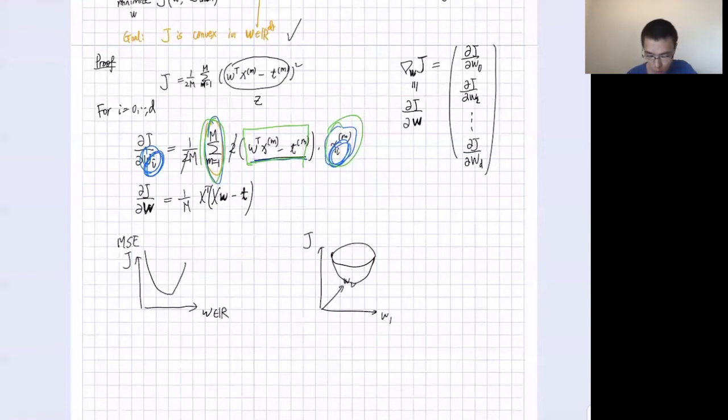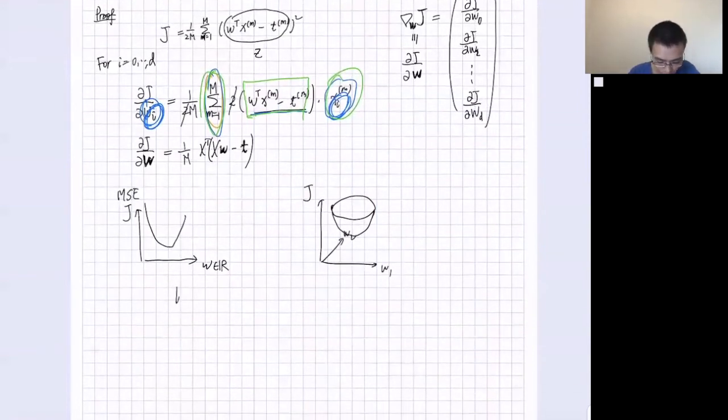And by convex function, we know that if you have a local optimum, then it gives you a global optimum.